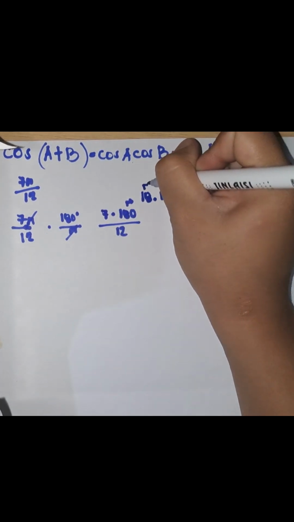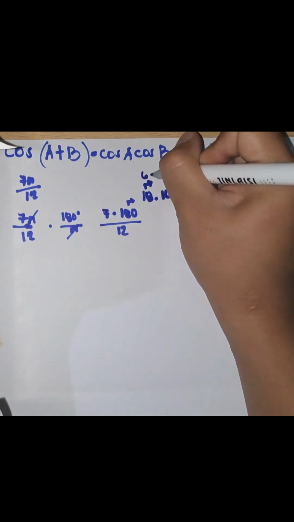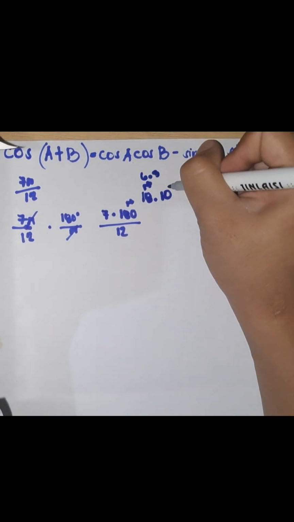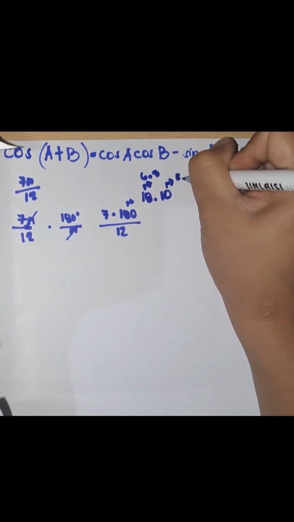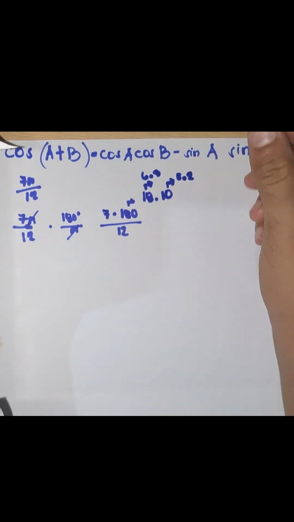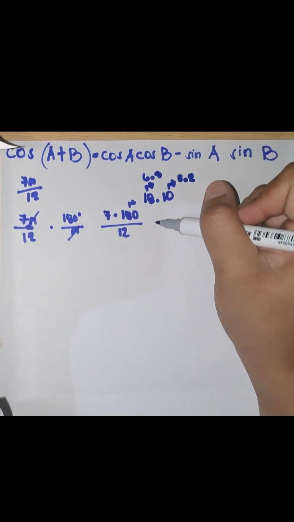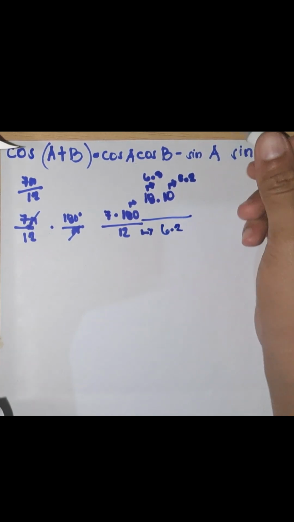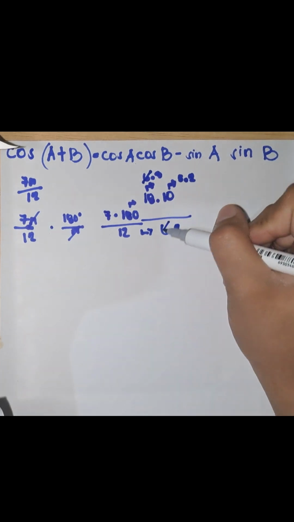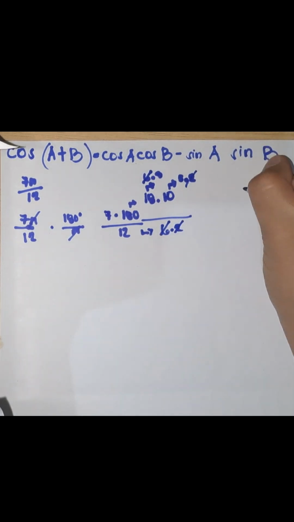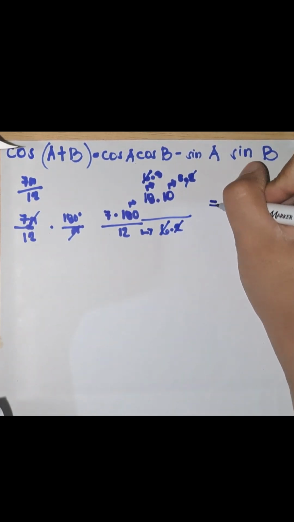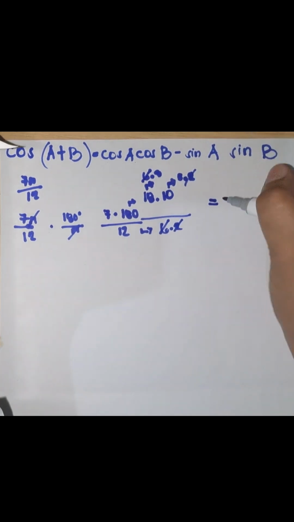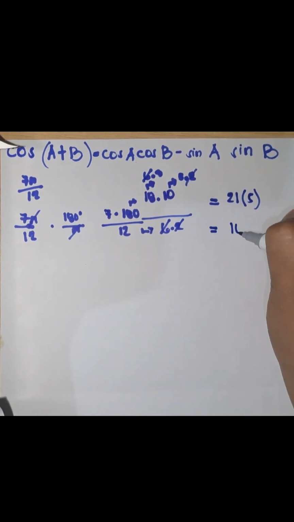Then 18 would be 6 times 3, and 10 is 5 times 2. The 12 would be 6 times 2. So we cancel the 6 and the 2. So we have 7 times 3, which is 21, times 5. So that would be 105.